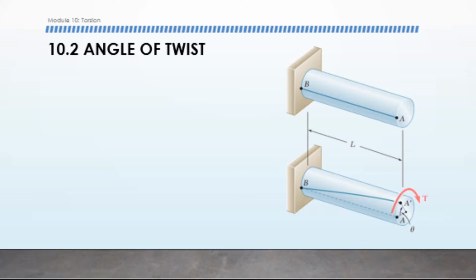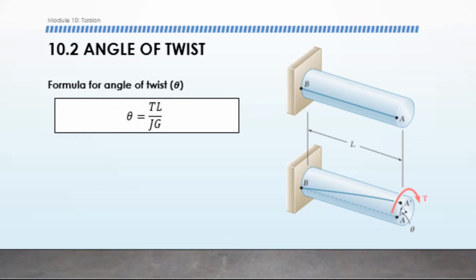Okay, so para ma-solve yung angle of twist na yan, so ito lang po yung formula na susundin at tatandaan natin. So, the theta is equal sa TL over JG. Okay, so define natin class yung mga parts nung equation natin. Okay, define natin sila.